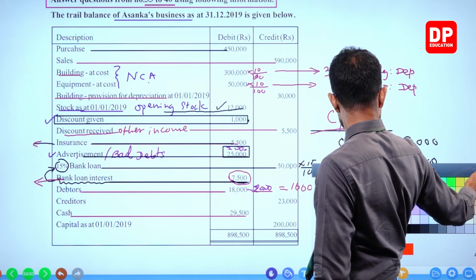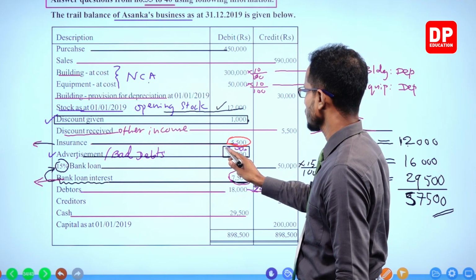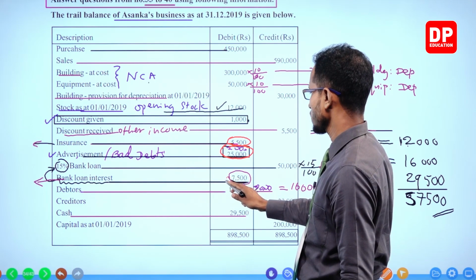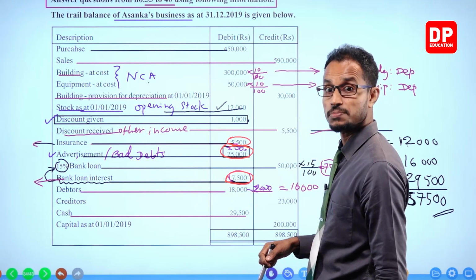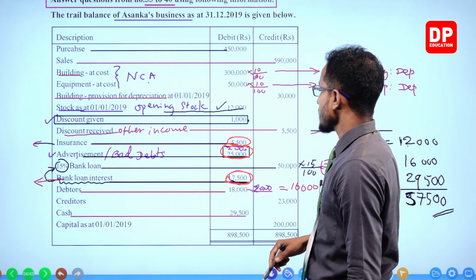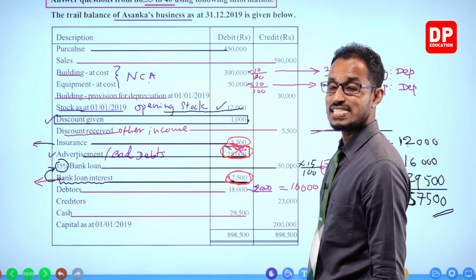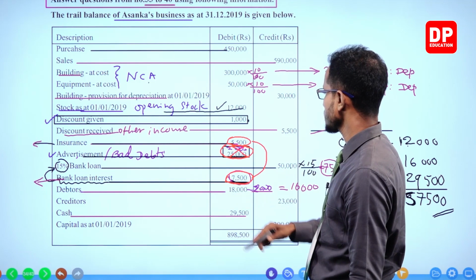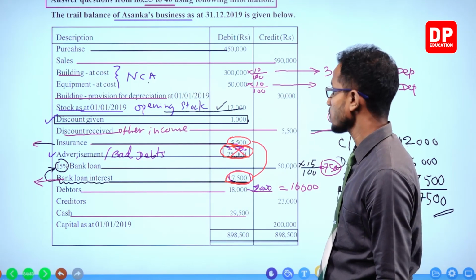Let me circle these expenses. These two, and this one. But this one already taken by us as distribution expenses. So 5,500 plus 7,500. It is 13,000.